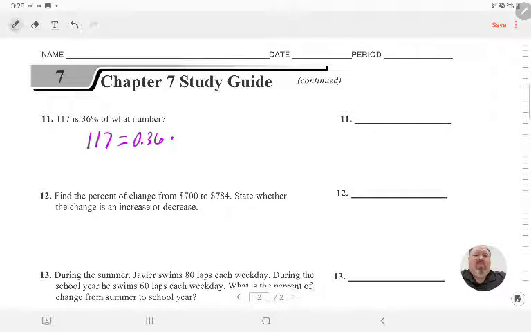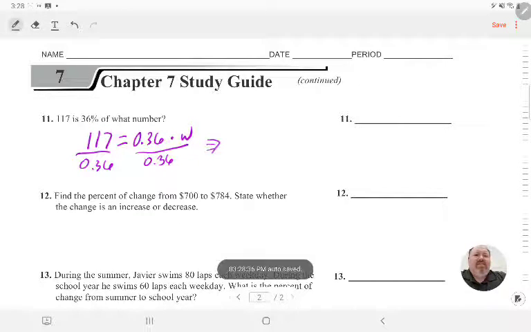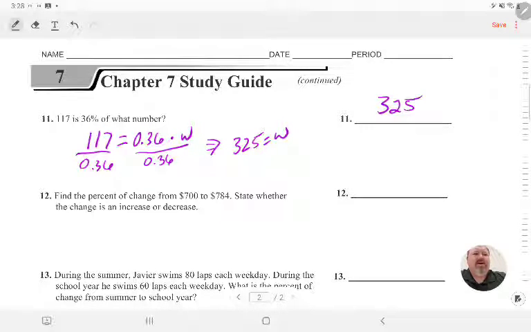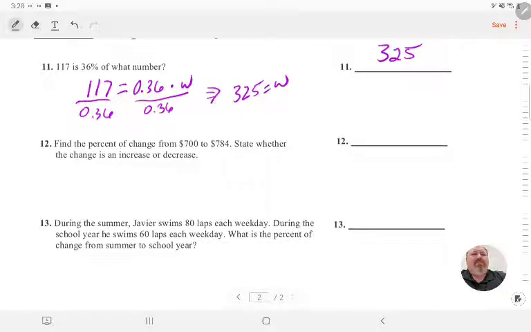We'll just go with a W. So in this case, we would divide by 0.36, divide by 0.36, and I would get 325 equals W. So 325.